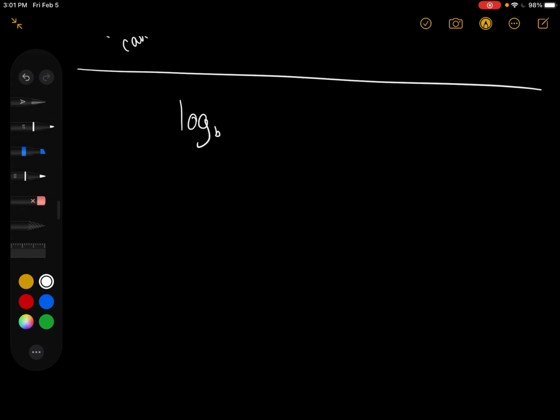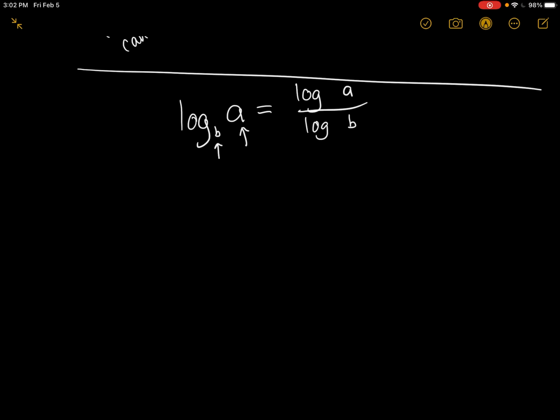We have a formula, and it helps us compute. So what this is saying is if you have log with a base of some number b of another number a, you take the log base 10, again implied 10 here, of a, and you divide it by the log base 10 of b.